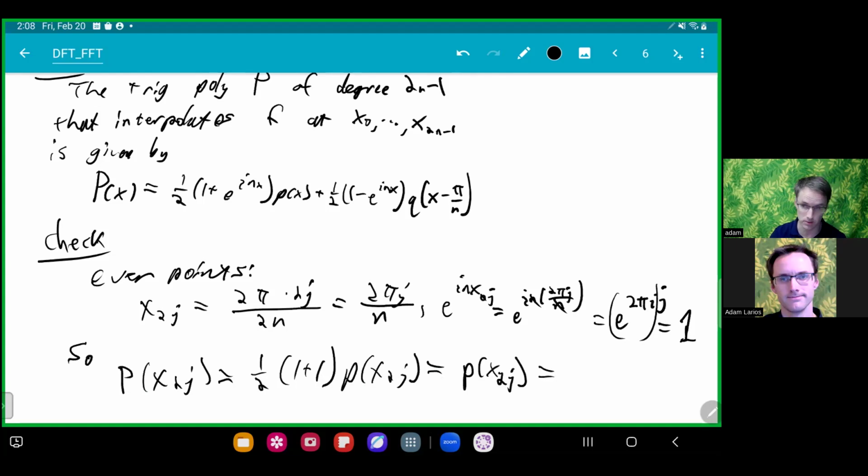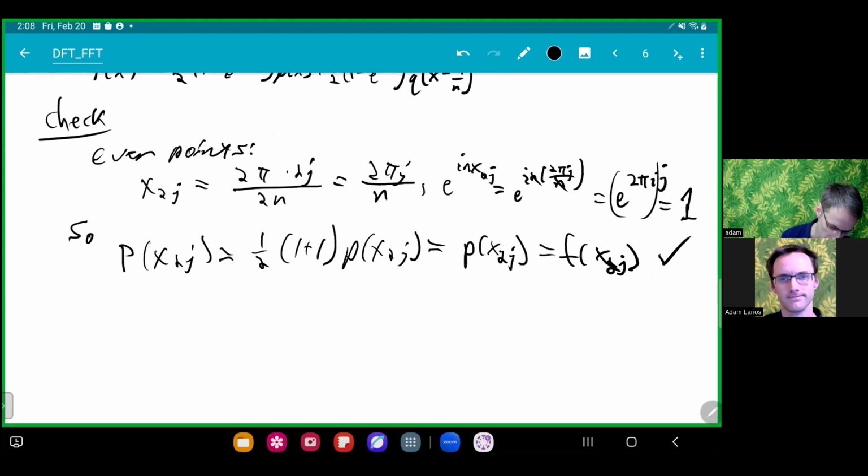But p already interpolates f at the correct point, so this is f at x2j. And so we're done. Check mark. So for the odd points, I'll let you check that as an exercise.